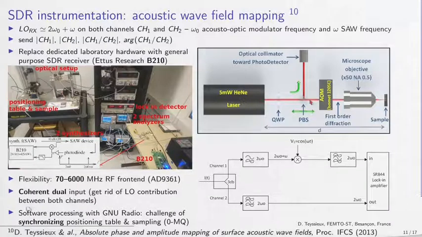So the classical approach, similar to the super heterodyne measurement technique, is to introduce a frequency offset. In this case this acousto-optic modulator running at 80 megahertz will shift the frequency from the helium neon laser by 80 megahertz prior to illuminating the sample over here, and the sample reflected signal goes back through the acousto-optic modulator to be shifted by another 80 megahertz, so 2 times 80 is 160 megahertz.